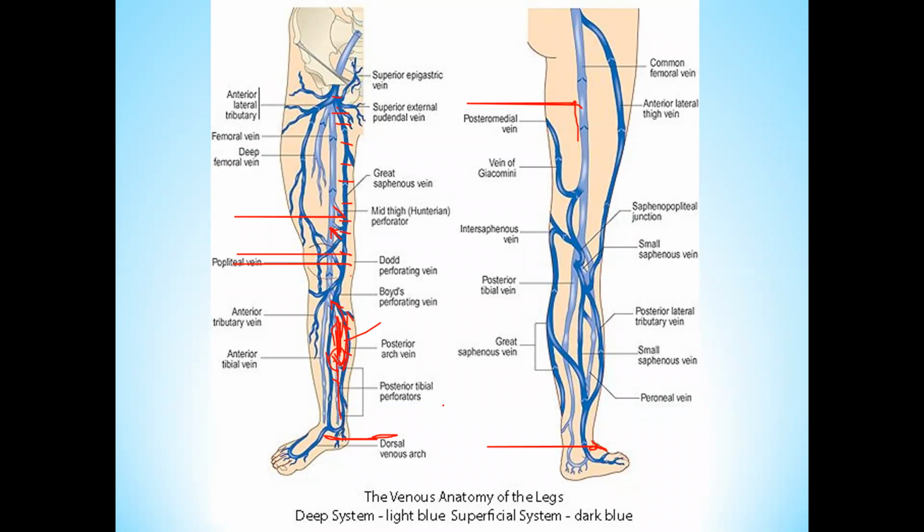For differentiating arteries and veins from each other, you have to apply the compressibility test. By applying compression, veins will be compressed while the artery will remain in its normal position, and then it can be followed proximally. Once you localize the vessel, it's easy to follow proximally or distally.